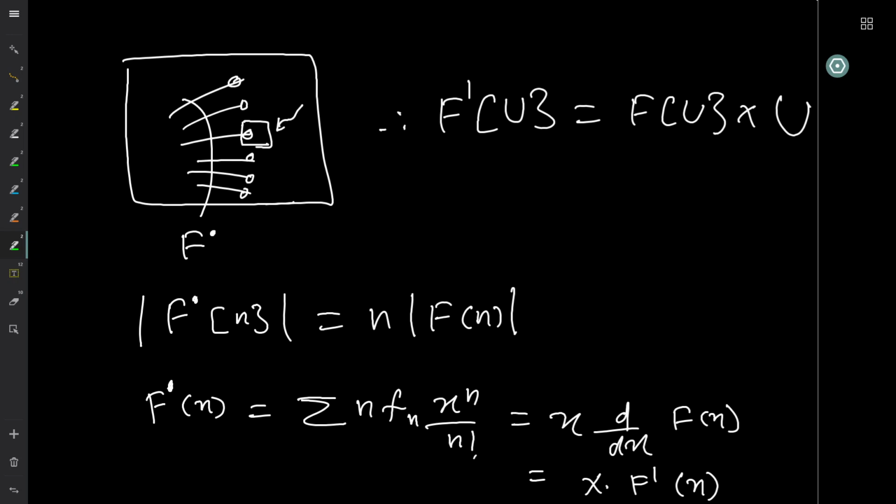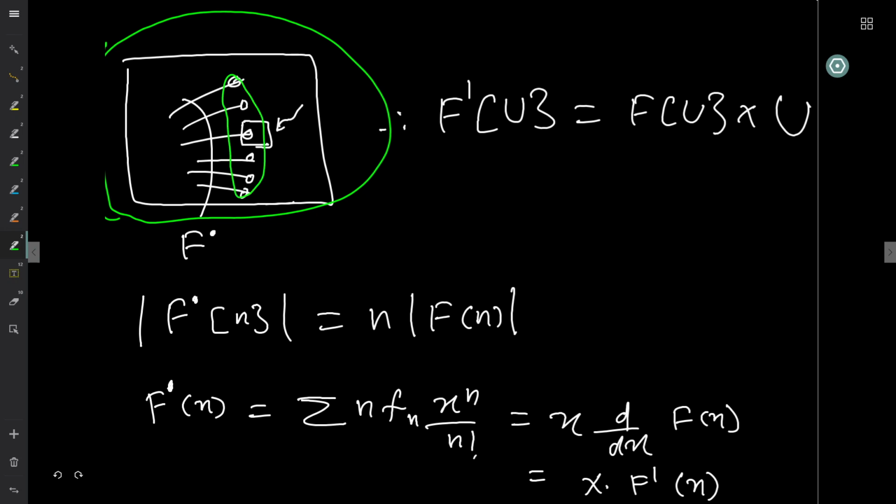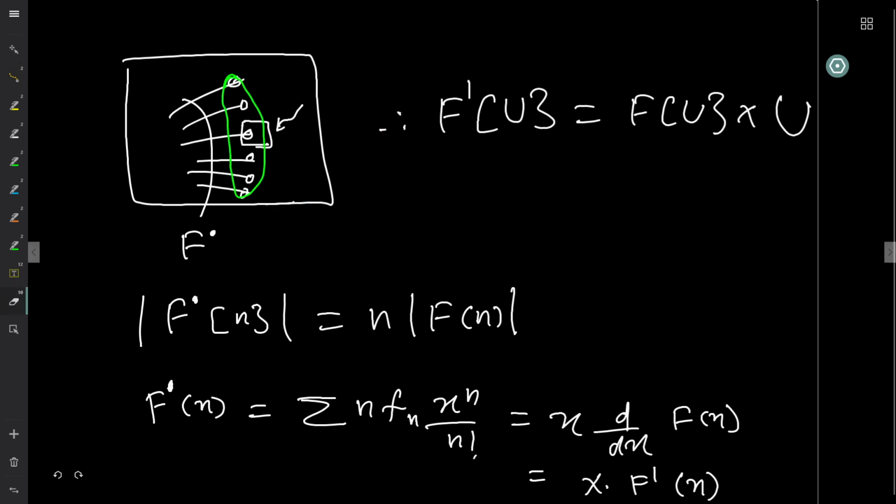So what is pointing in the picture? You have this set, and on this set you are selecting one of the elements and saying that that element is special. So you are making it a special vertex and you get a rooted structure.